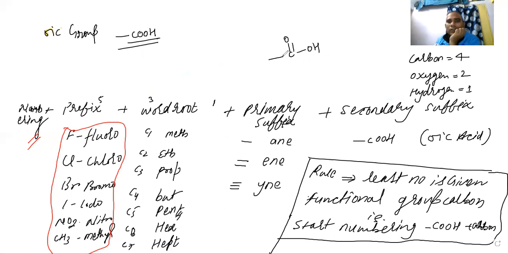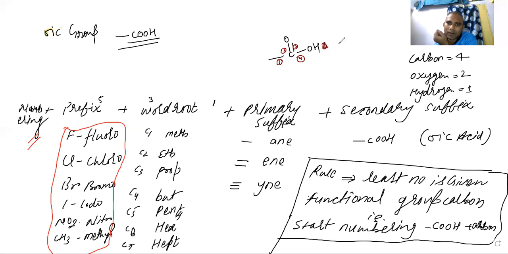So you count the number of bonds for this one. Here, how many are there? This is 1, this is 2, this is 3, and this is 4. Is it okay? 4 bonds of carbon? Yes, sir. Then count for the oxygen.